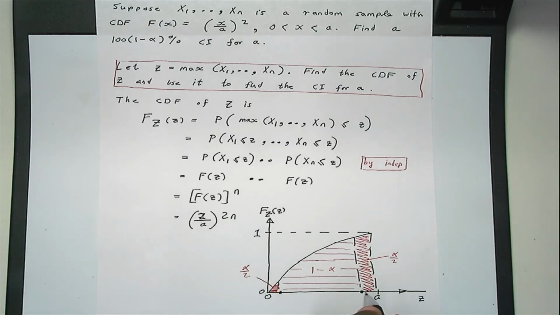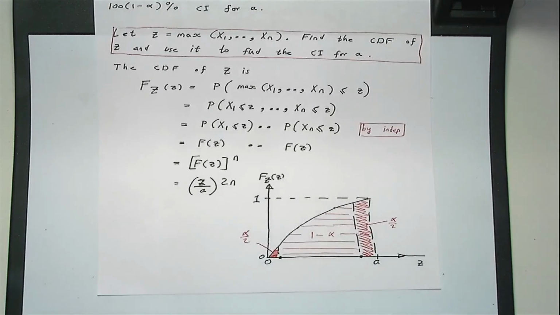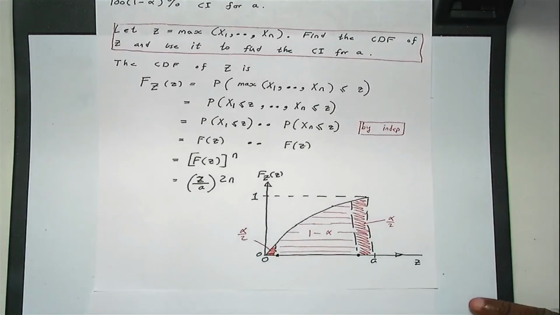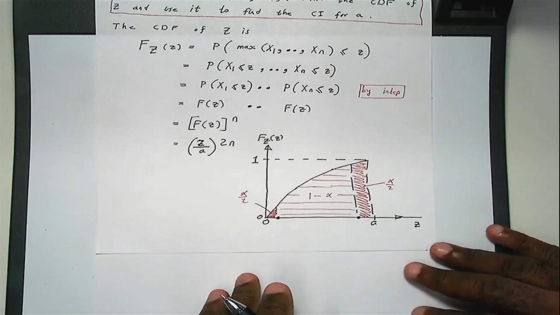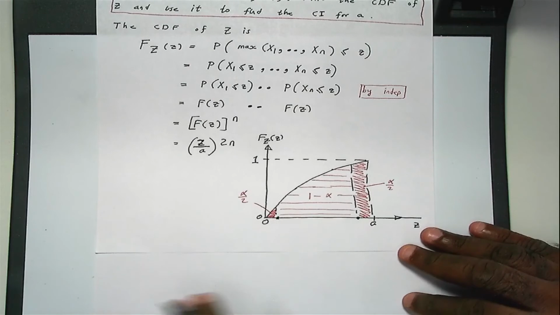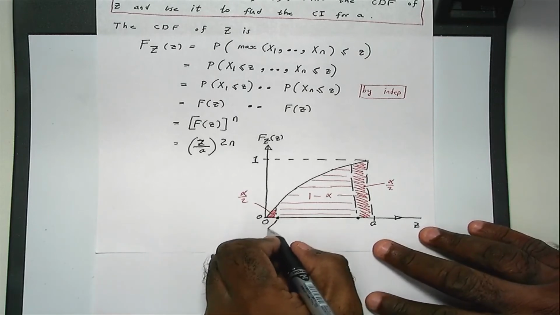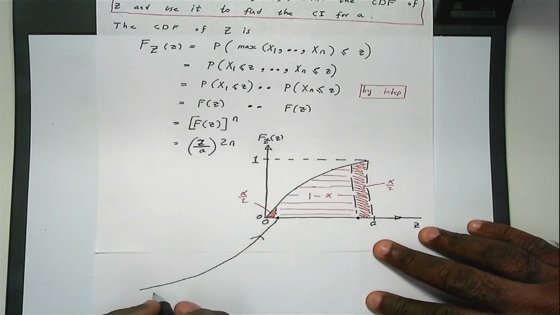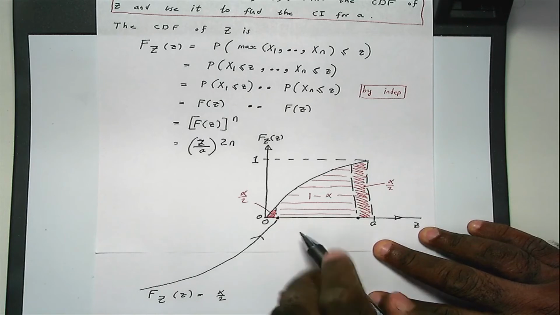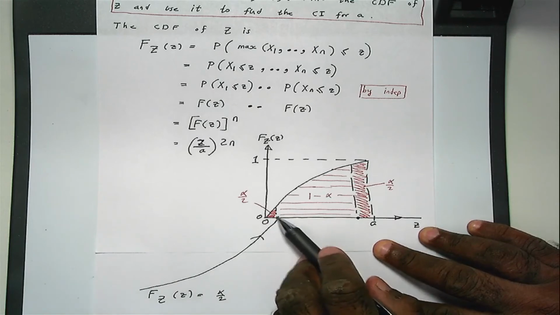Alright, let me show you how to figure that out. So to figure out this coordinate, let's start with this one, okay? We need to set the CDF of z equal to alpha by 2. Remember, what you're looking for is the area to the left of this point, which is alpha by 2, right?